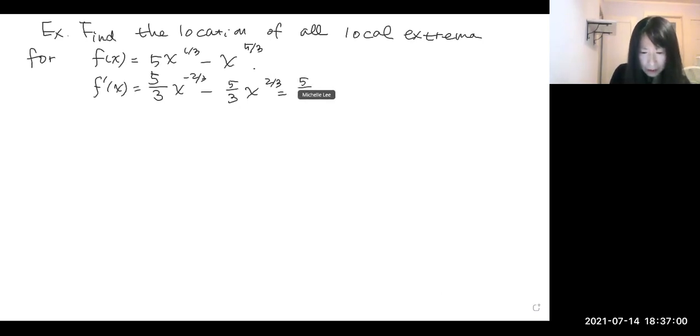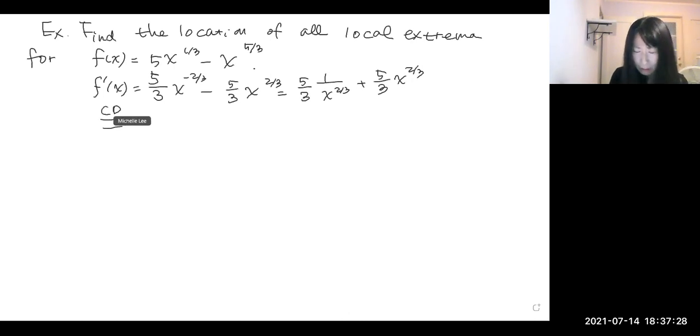So the negative power we bring down to the denominator. Then we have 5/3 over x to the 2/3. This one looks weird, so let me write it this way. And we're going to make a common denominator. The common denominator will be x to the 2/3, right?